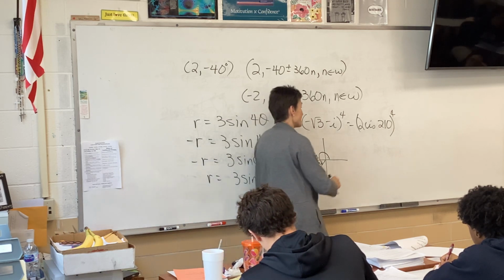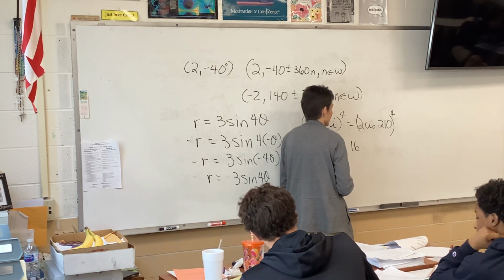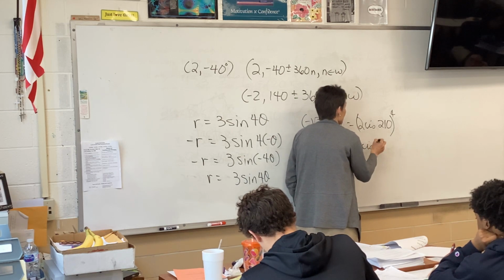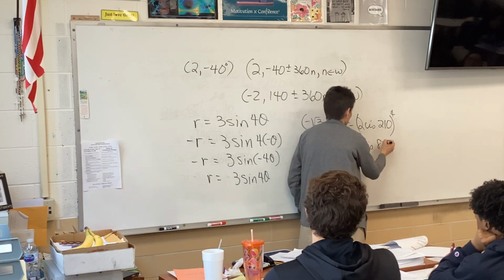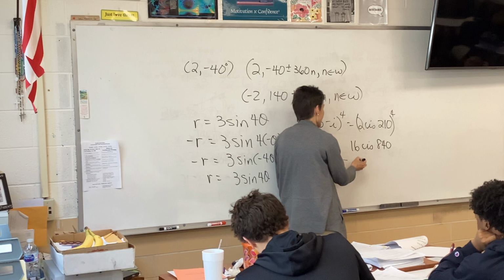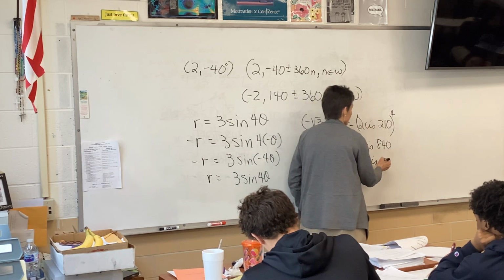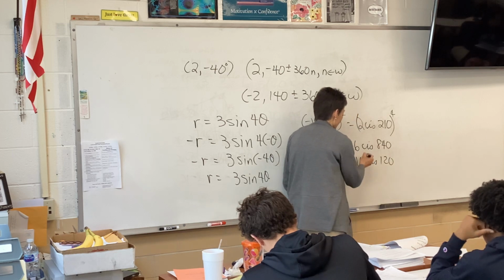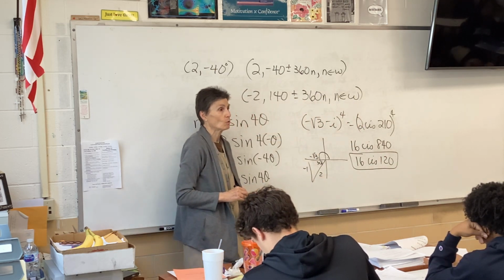Okay, so the law says 2 to the 4th, which is 16. And 210 times 4, which is 840, which is way too big. So that's going to have to be shrunk down to 120. And there is your answer in polar form.